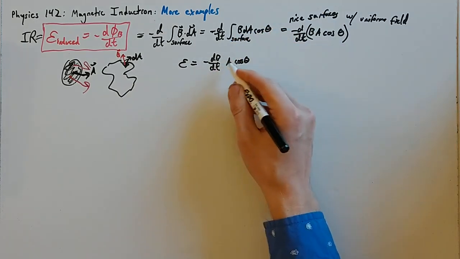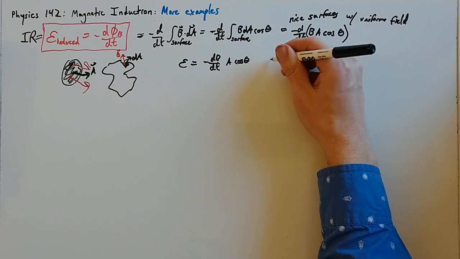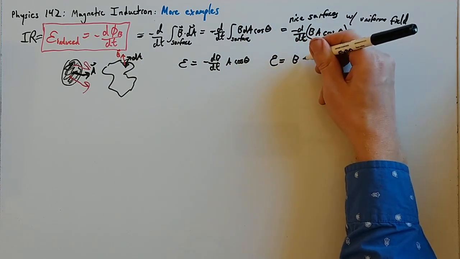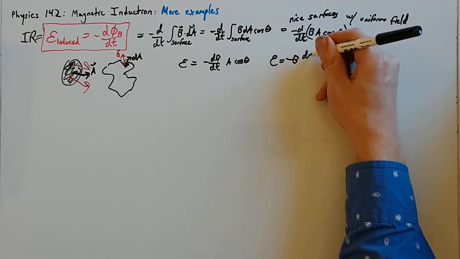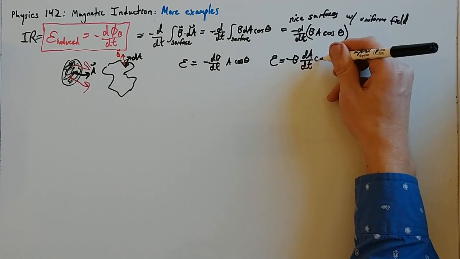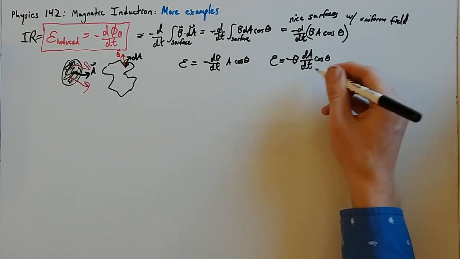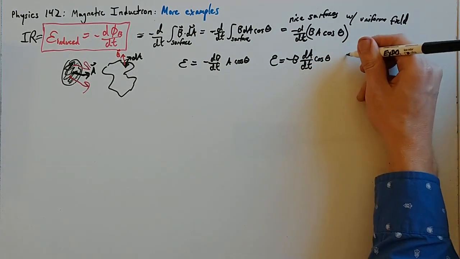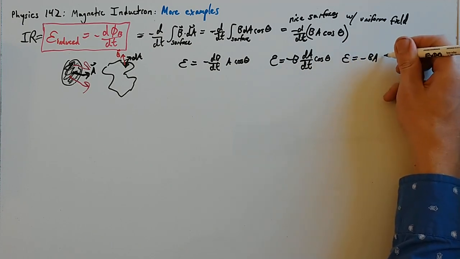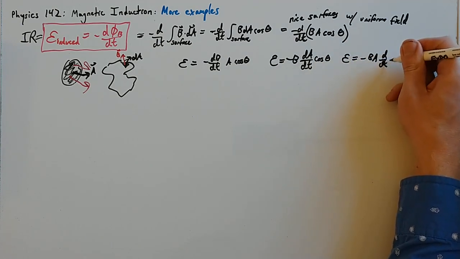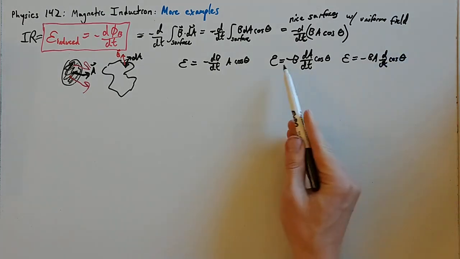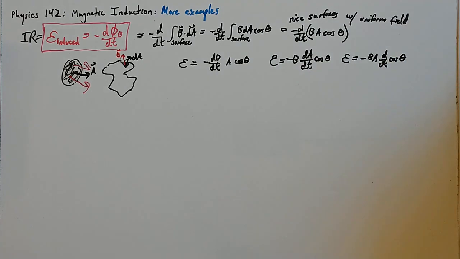Or I could change the area, in which case this would be minus B times dA dt, if the area is changing with time, times cosine theta. Or you could imagine changing the angle with time. Then the EMF is minus BA d dt of cosine theta. So really we could change any of those three things with time.